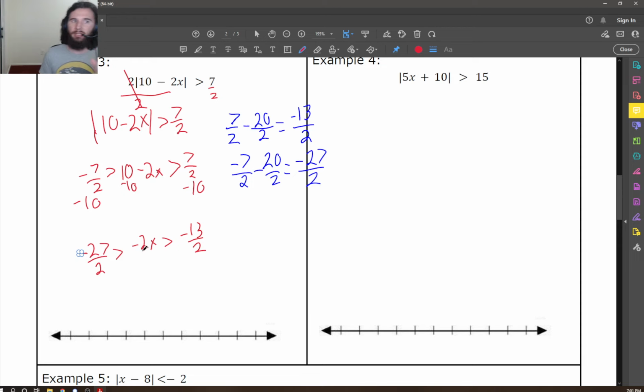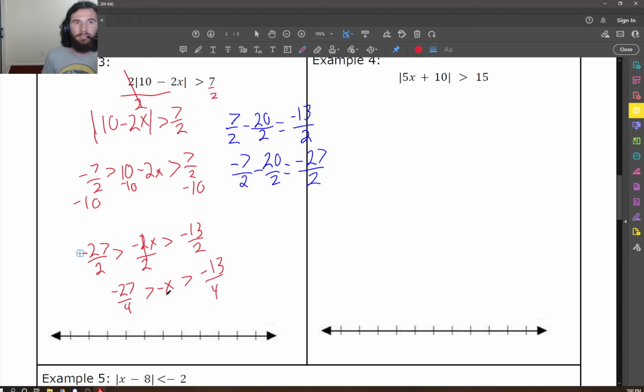But weird stuff is going to happen, so I'm actually going to split those up. So divide by 2. When I divide by 2 down here, it will multiply by these. So I got negative 27/4 is greater than negative x is greater than negative 13/4.